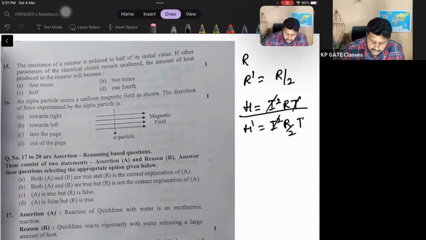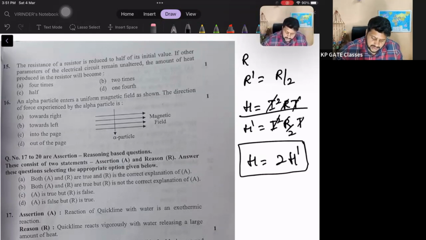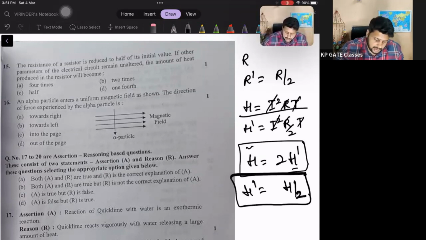Let's divide them. Everything gets cancelled out. So H is equal to 2H'. Initially the heat produced was H, but now it is H'. So H' is equal to H/2. It is becoming half of the initial heat. So the answer is C.